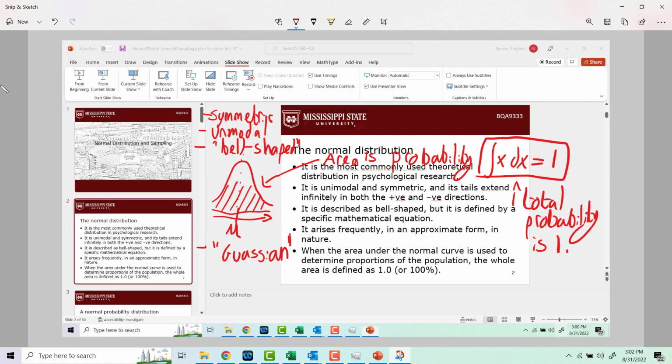I can promise you no integral signs on the exams. I don't think the homework's either.